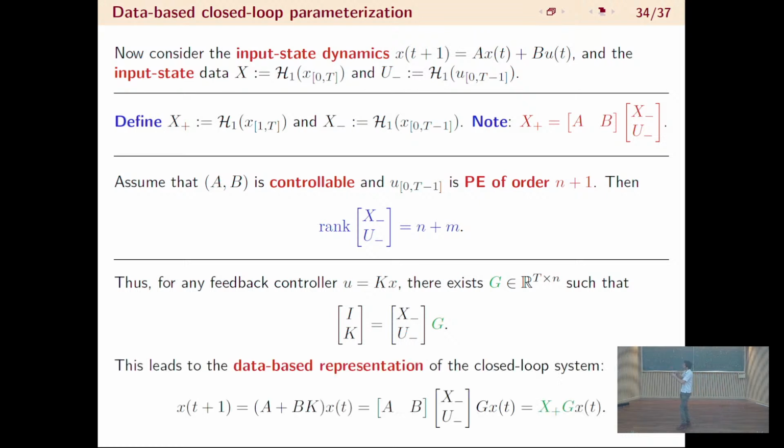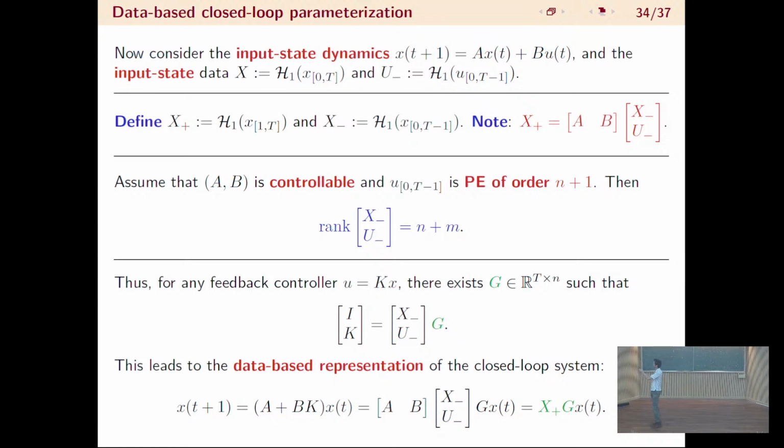In particular, they use that to obtain this data-based representation of the closed-loop system. Under this control law, if I plug that into the system, I get x(t+1) is (A plus BK) times x. I write that as [A B] times [I over K] times x(t).